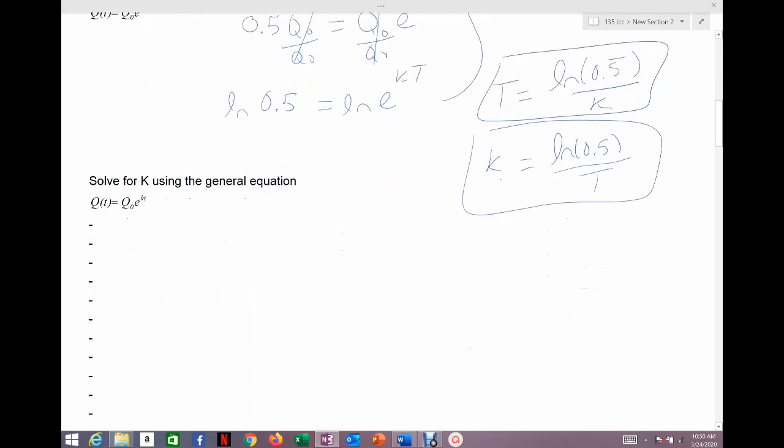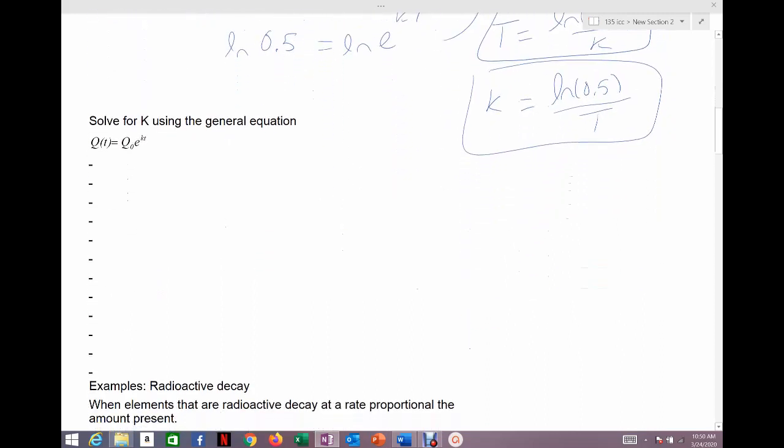All right, well, we can do this in general. In general, solving for k. So again, given my quantity at some time, so t would just represent any time, could be a half-life, could be something else. Q naught e raised to the k times that time. Solve for k, I divide by my initial amount. So I've got my quantity at time t, which I'd be given, my initial quantity, which I'd be given, e raised to the k times time, take the natural log of that fraction.